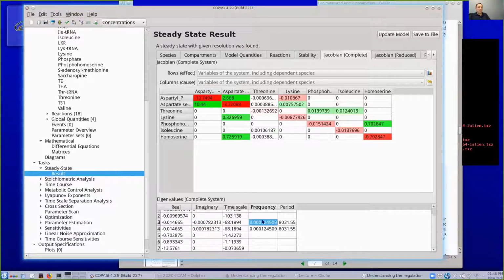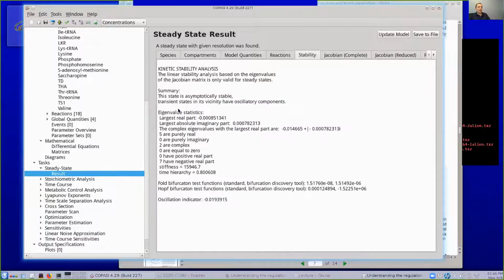And in fact, it even tells you what frequency that would correspond to. So that's what the oscillatory part means. In this case, this model is not very important. There will be another one that I may not have time to get to, given that I was stolen some time, that I would show that.